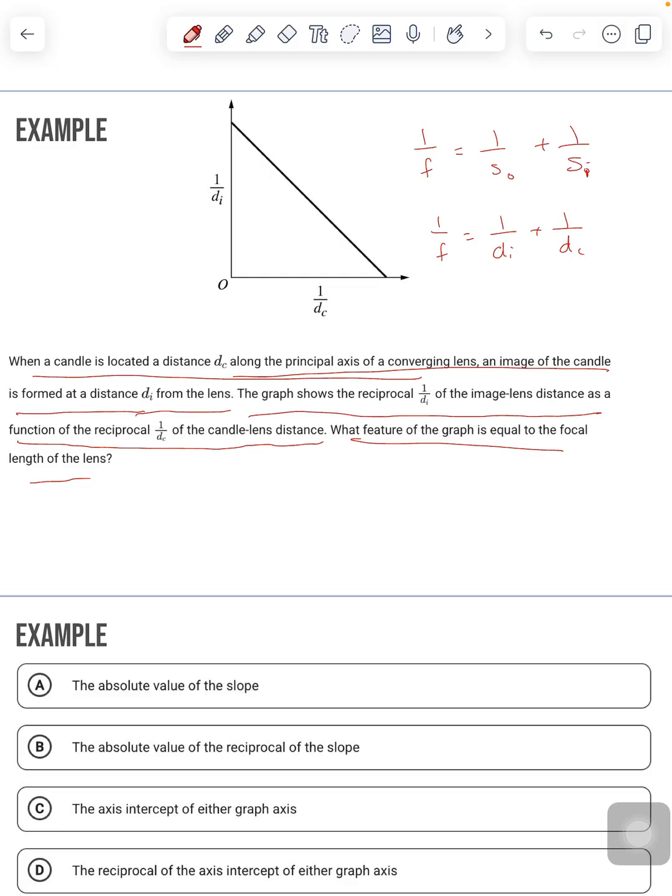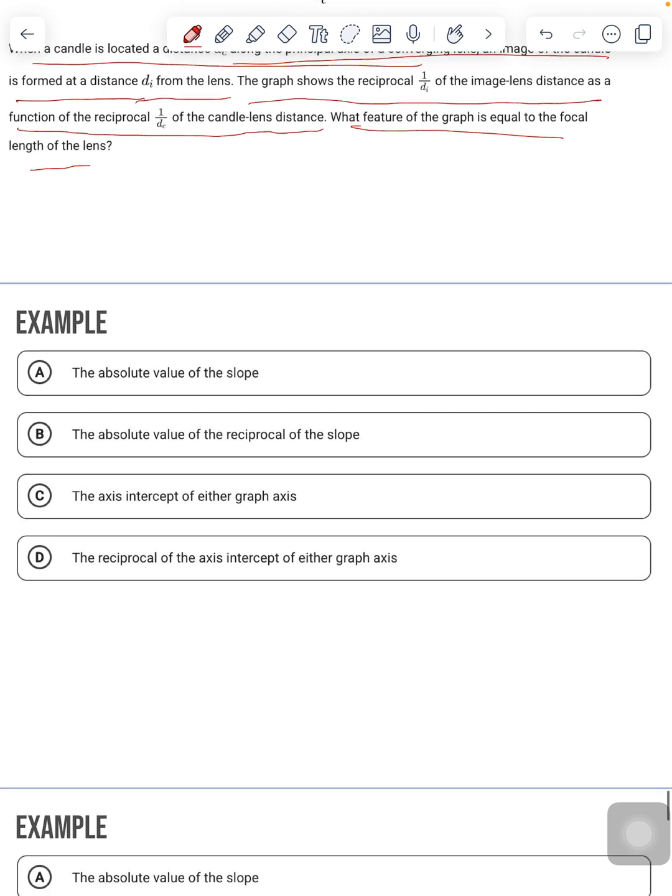So I'm just going to go ahead and solve this for 1 over DI, and that's going to give me negative 1 over DC plus 1 over F. And this is going to be my y-intercept, the axis intercept of either graph axis.